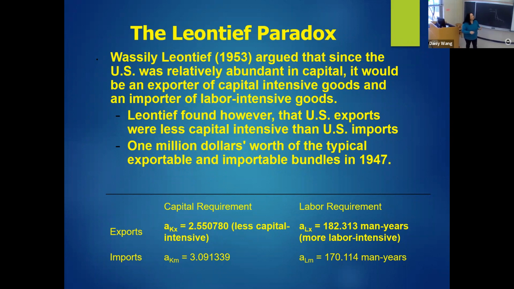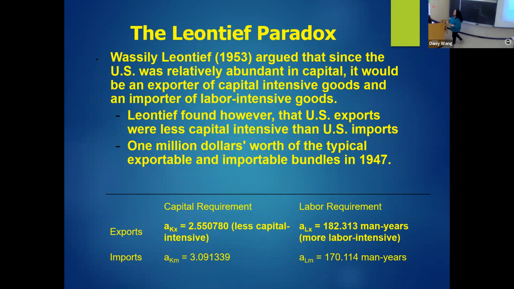But we actually export less capital-intensive product than we import. Okay, so that means a lot of foreign countries import a lot of capital-intensive product into the US. Okay, but that's just one example.